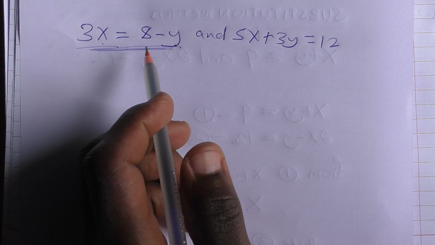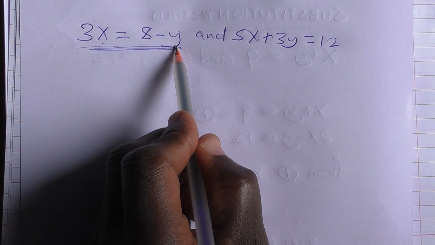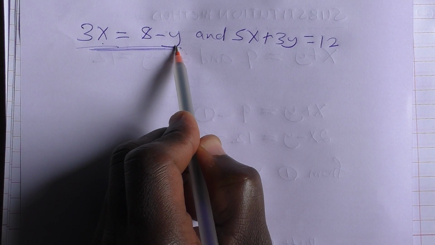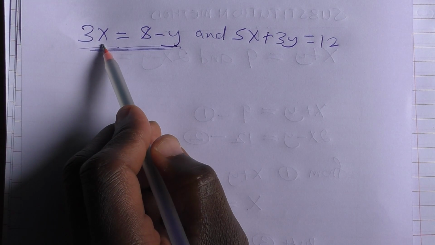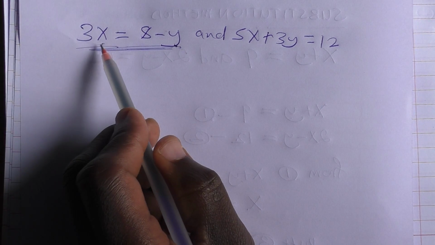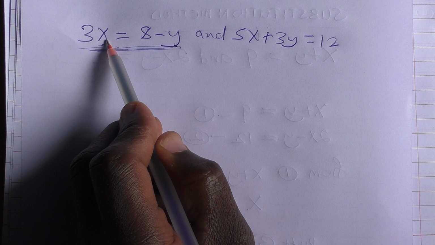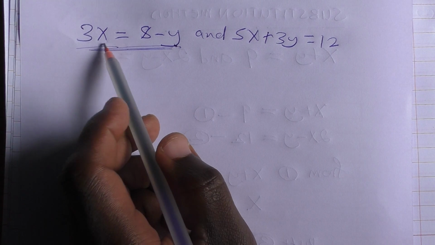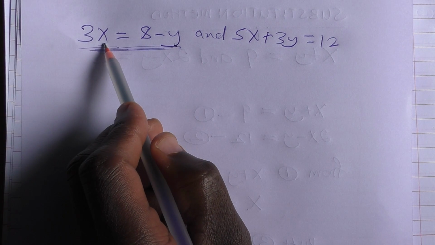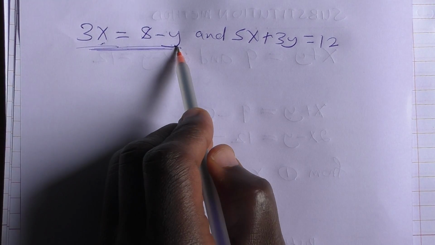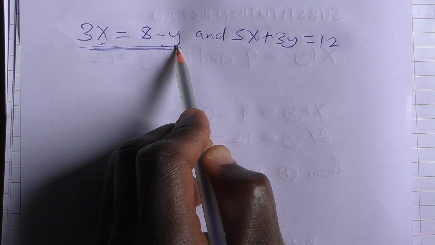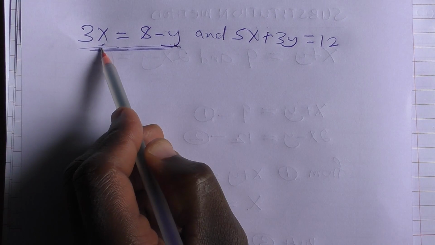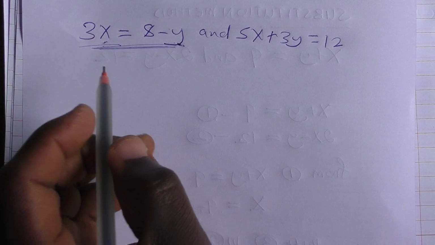But to me, I would better make y the subject than making x the subject, because when you make x the subject, you'll end up with a fraction. However, I'm going to try that. I will not make y the subject because it is easy. I will make x the subject. And this is what I mean.